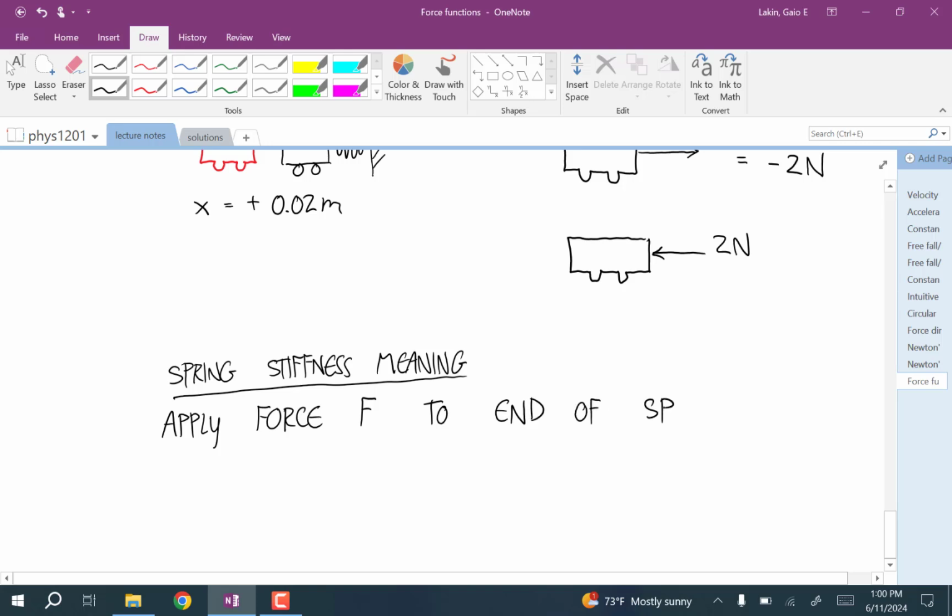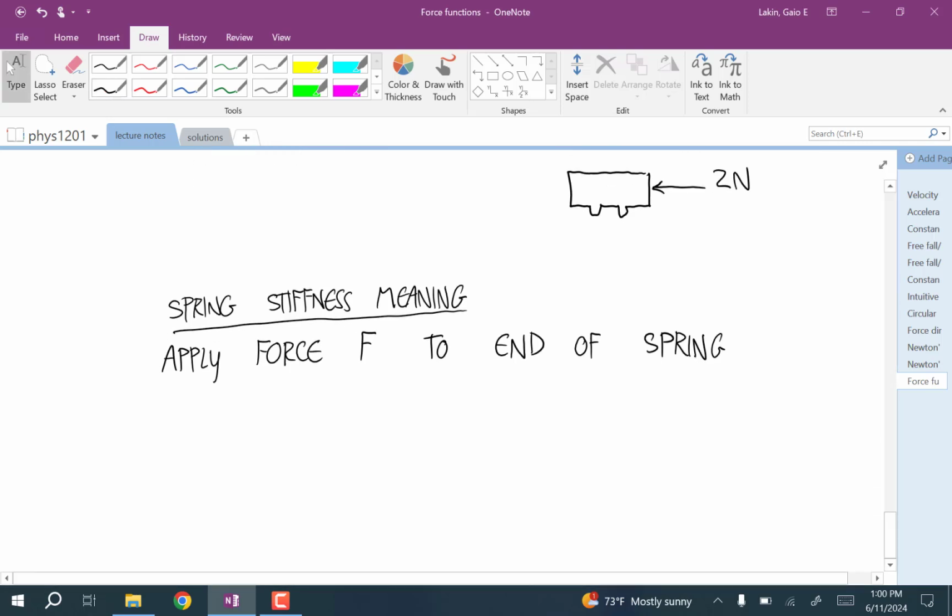You can think of attaching the other end to a wall or something, or attaching it to the ceiling and hanging a known weight from it. And then measure how much the spring stretches due to applying this force or this weight to it.